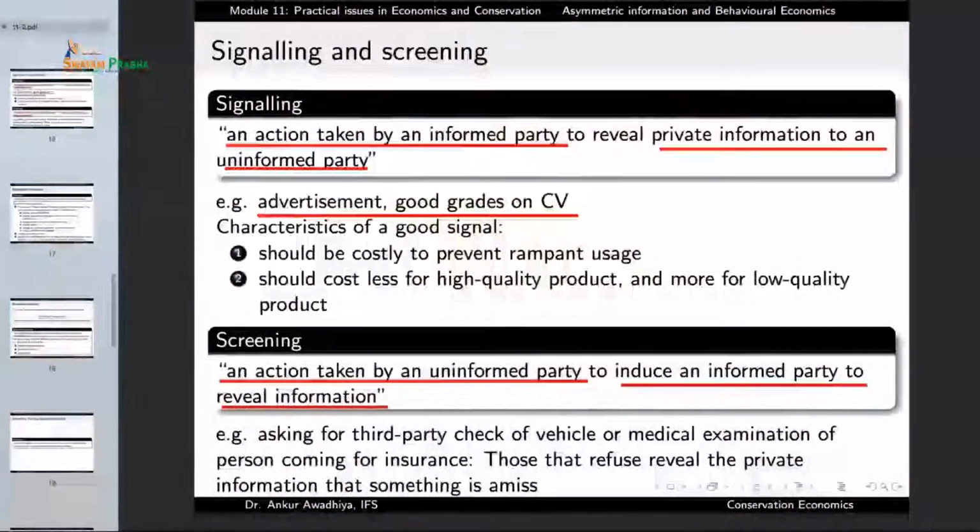We had also seen that there are two characteristics of a good signal. One is that it should be costly to prevent rampant usage, and it should cost less for the high quality product and more for the low quality product. Which is why good grades become a very good signal, because a person who is not that hardworking will find it very difficult to have good grades, whereas a person who is hardworking will find it very easy.